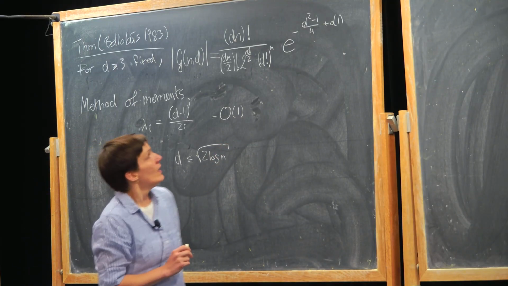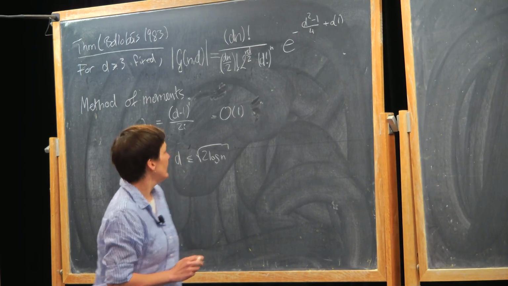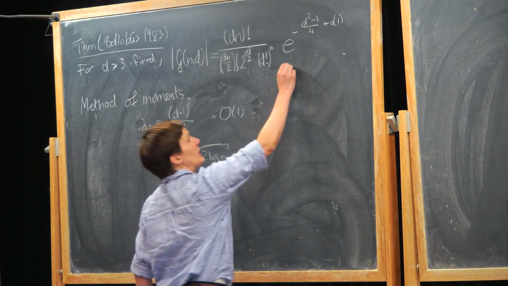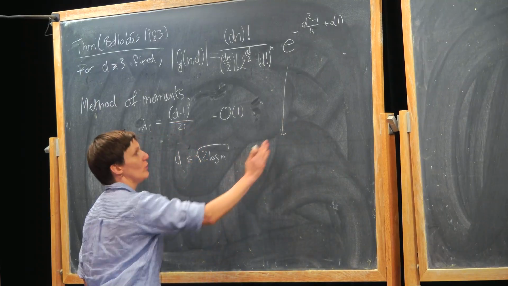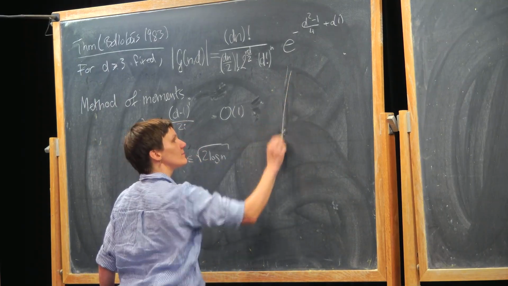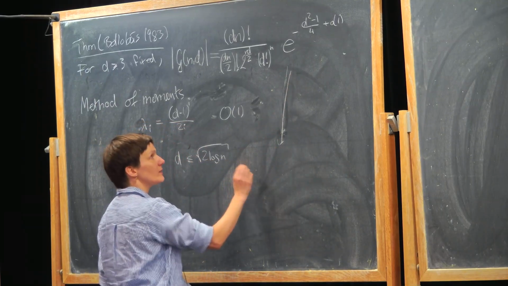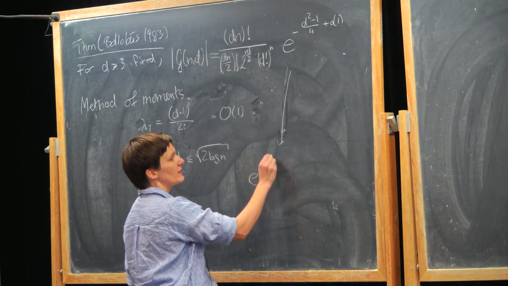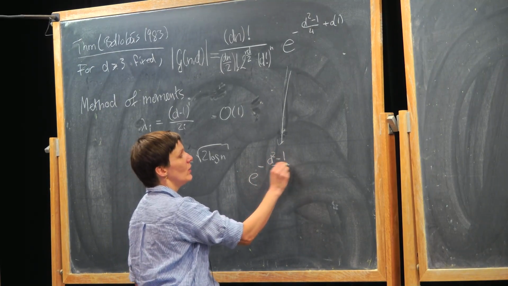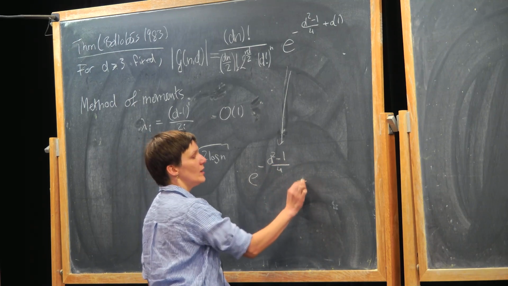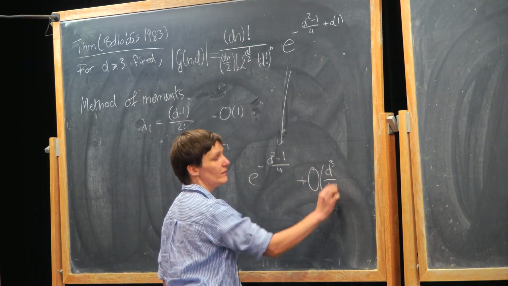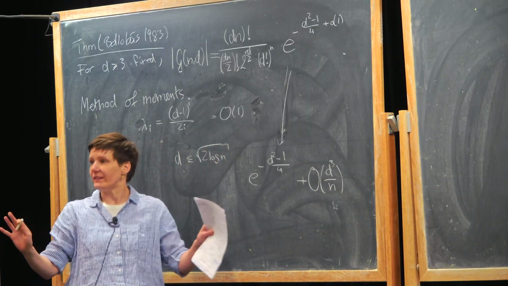And then what happened afterwards? So the probability of simple, what McKay showed is that this probability of simple is actually equal to e to the minus (d squared minus 1) over 4 plus big O of d cubed over n, for any d.